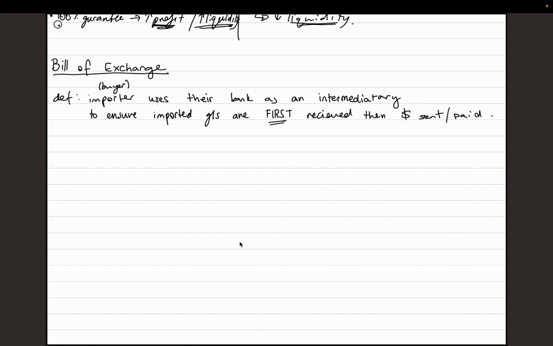Okay, so what's happening here is the seller is sending the good to the buyer's bank, and the buyer's bank, they're holding the goods. So let's say it is like 3 glasses of lemonade, I don't know, whatever it might be.